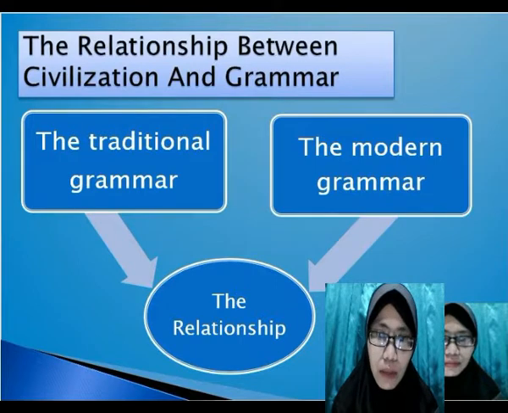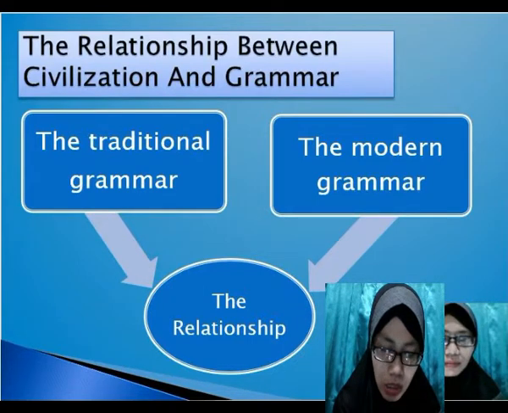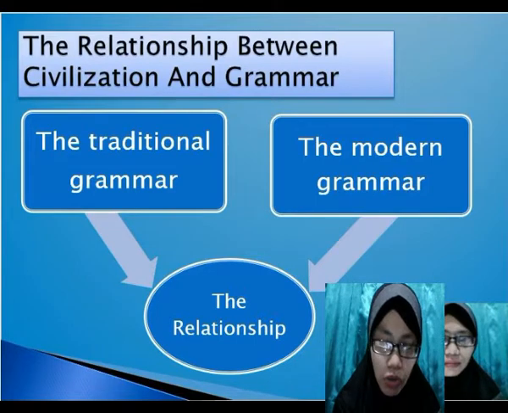Modern grammar. The modern grammar is the study of the theories and application of the English language structural system as developed since the onset of the early modern English period.